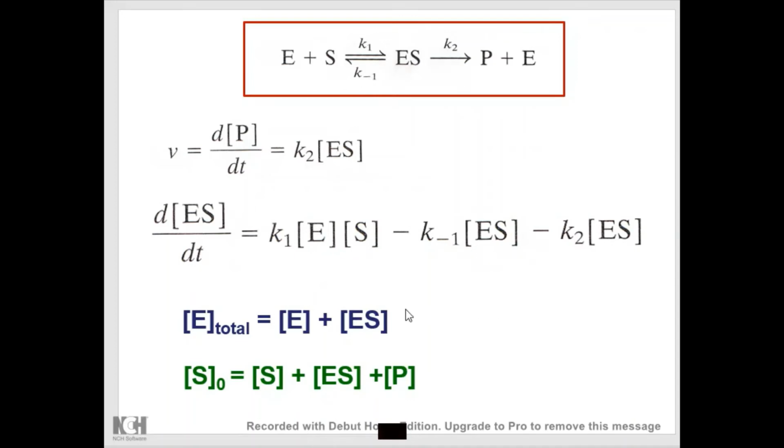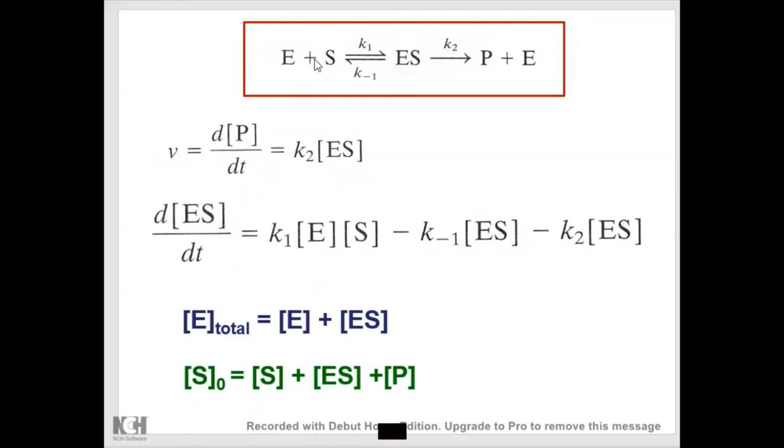Now, what else do we know? It's very easy to measure total concentration of the enzyme, and it now equals the sum of all forms in which enzyme participates. And we have only free enzyme, and enzyme as a part of enzyme substrate complex.